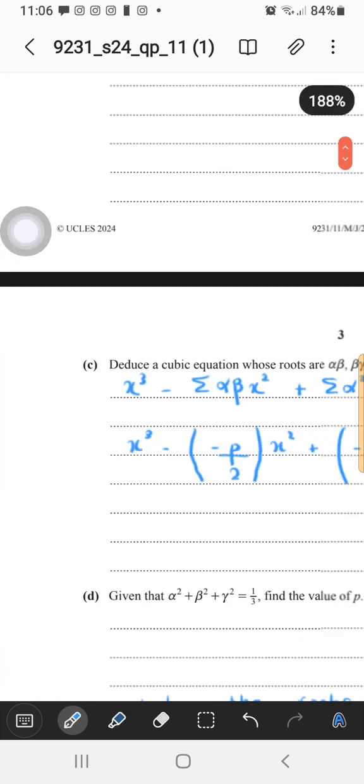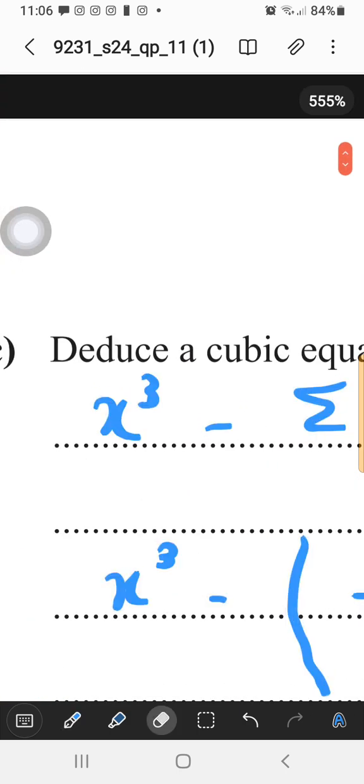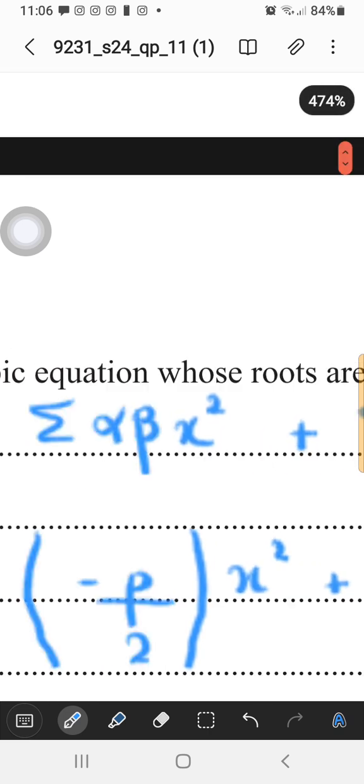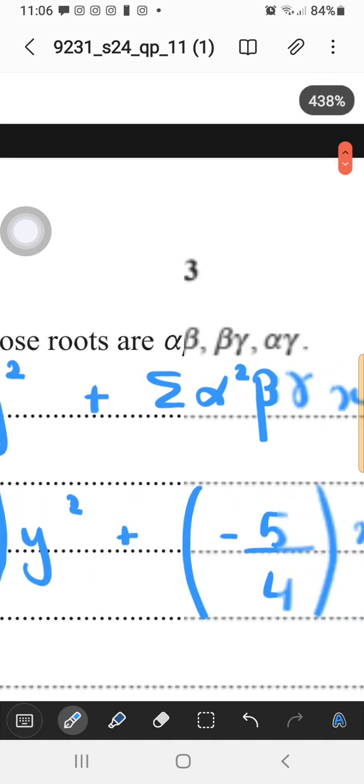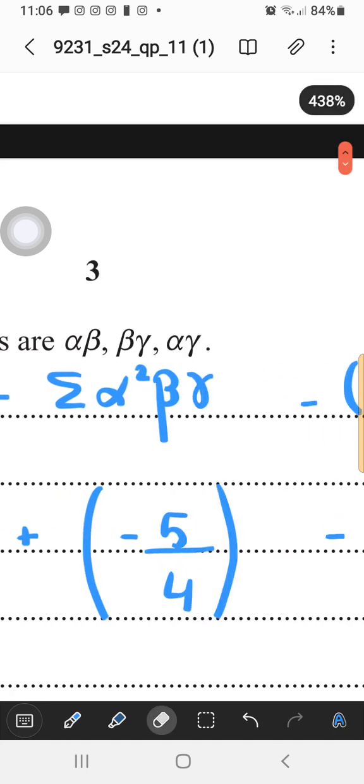So here, wait, instead of x square, I have to use y cube, because that's a new equation. The x was used for an old equation. So that's my mistake here, which I have realized now.